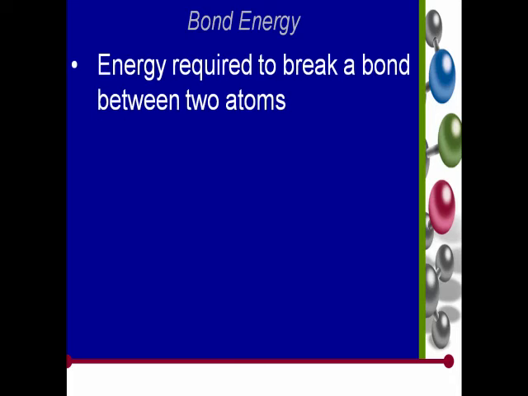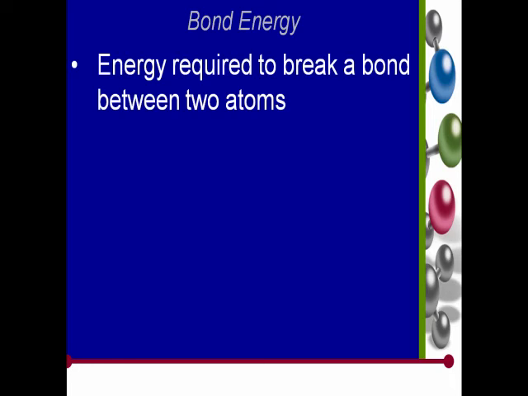Bond energy is defined as the energy required to break a bond between two atoms. So in other words, what this means is that we're putting energy in to break bonds, and then when atoms bond together, they release energy. So there is a direct relationship between bonds and bond length.